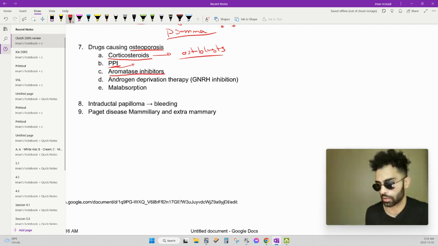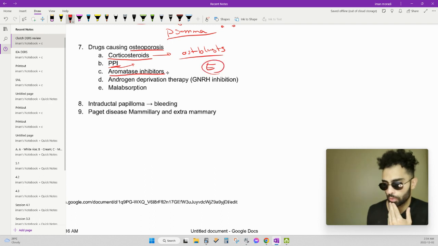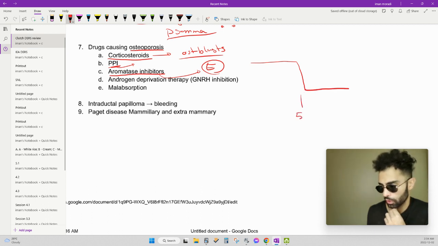Aromatase inhibitors. One thing that's important for maintaining bone mass in both sexes is the level of estrogen, right? Estrogen is really important. That's why a postmenopausal woman, if this is their level of calcium mineralization, has a drop around age 50 or so, and let's say this is 0 and this is 70.